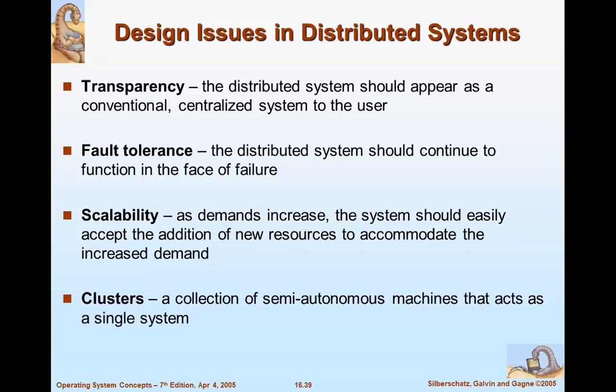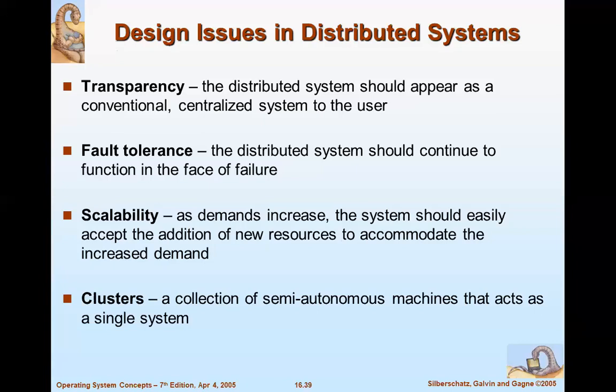As I defined it in the last class as well, in case of failure, the remaining parts of the system are struggling their best to provide services to the user. And scalability, as demand increases.